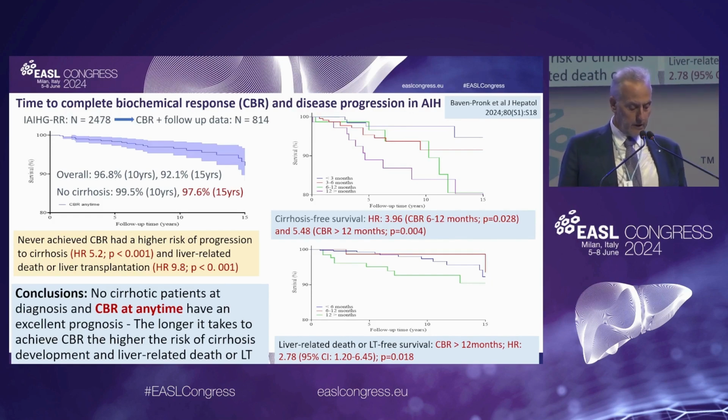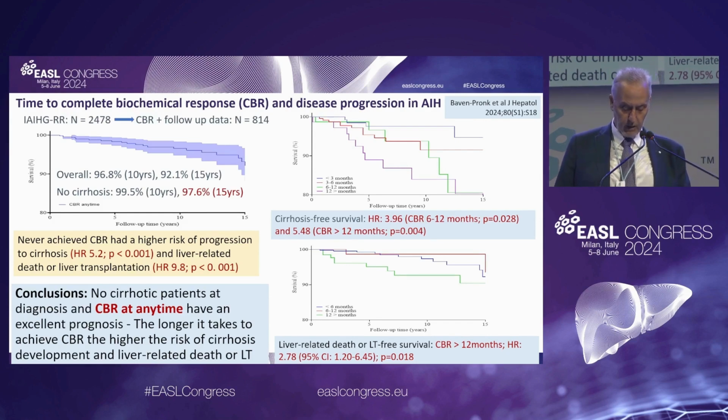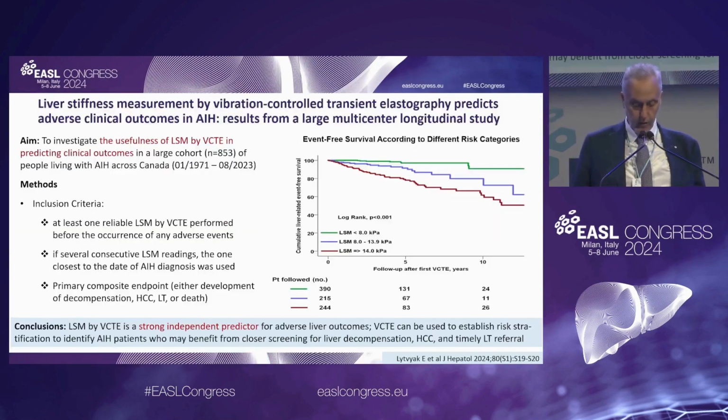However, patients who never achieved CBR had a higher risk of progression to cirrhosis and liver-related death or liver transplantation. And in the right part of the slide, you can see that the risk of progression to cirrhosis was significantly higher in those patients who achieved CBR in more than 6 months. However, the liver-related and liver transplantation-free survival was affected only in those patients who achieved CBR in more than 12 months.